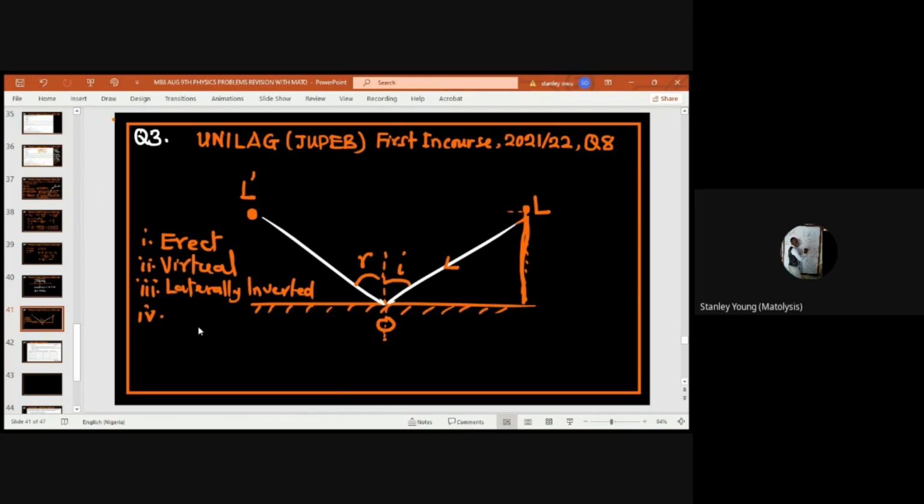The right of the image is to the left of the object and vice versa. 4, same distance as the subject. 5, same height as the subject, which also implies unit magnification.